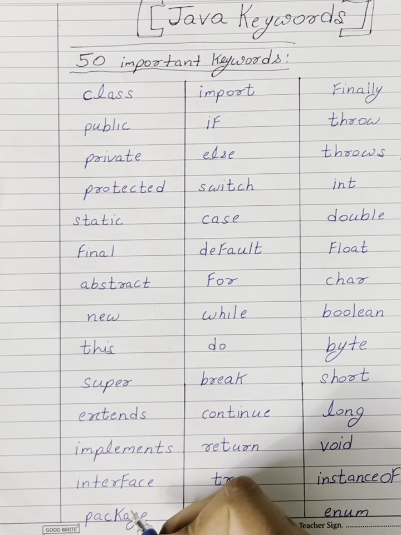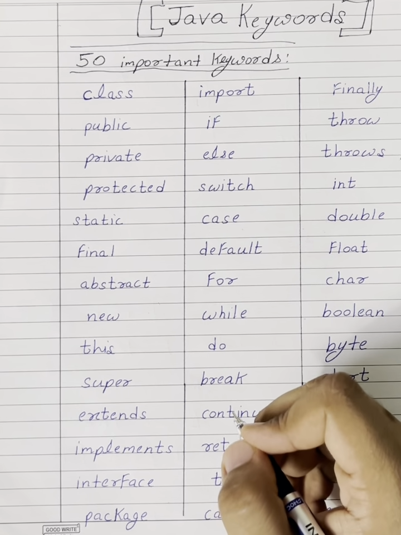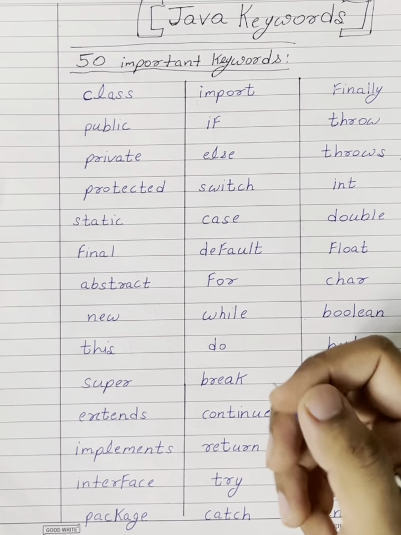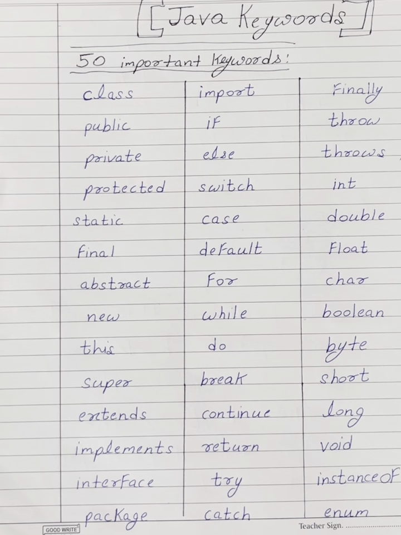So, next is interface. This interface keyword, guys, is used to declare an interface in Java. An interface is a reference type that acts as a blueprint for classes by specifying what methods they must provide without defining how those methods should work.